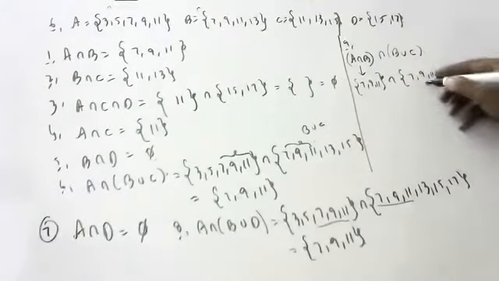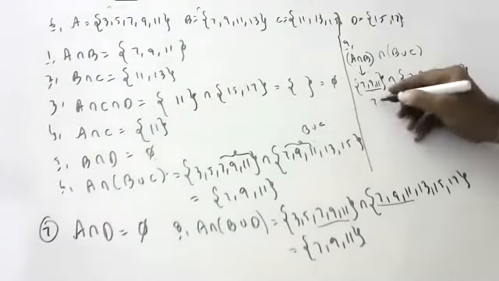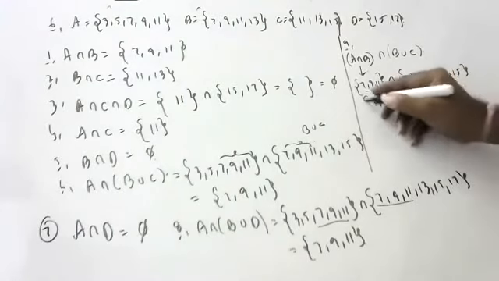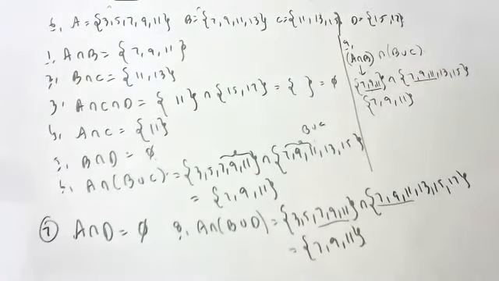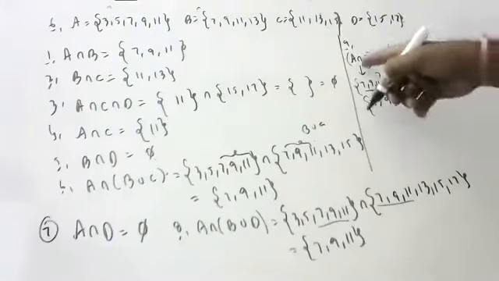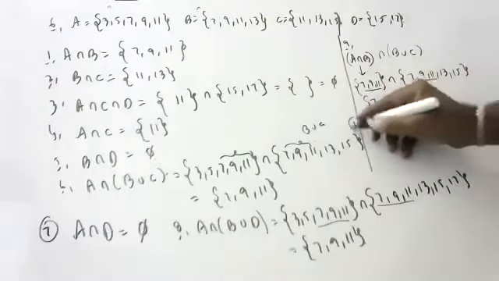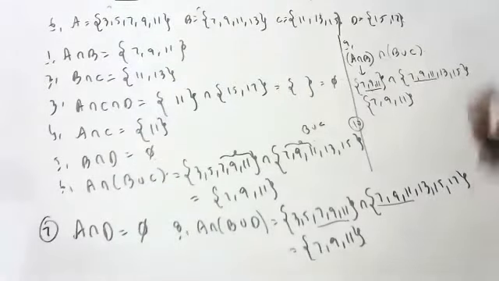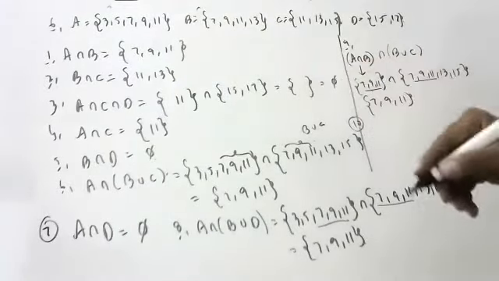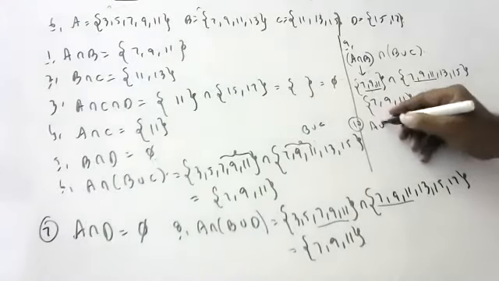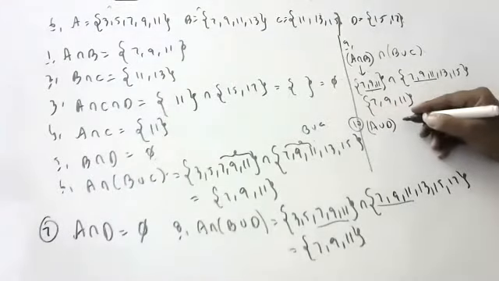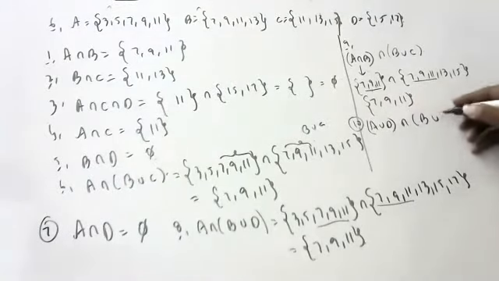Now what is their intersection? {7, 9, 11}. See, children, you have to find out what you are getting when you are performing these operations. You have to keenly observe what answer you are getting, for the future. In future, we'll do all this as proofs, children.